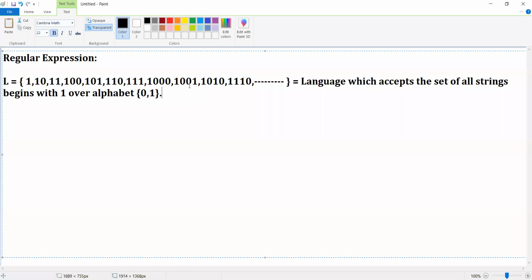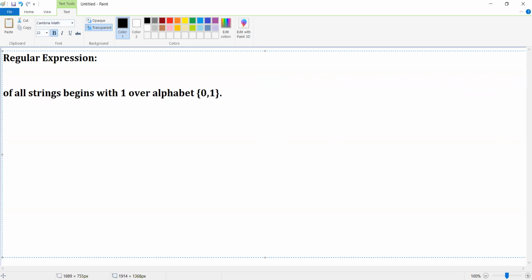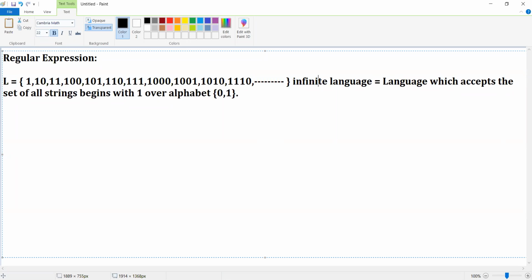Now please pay attention over here. Instead of representing this language in the form of so many strings, as this is an infinite language, it is not possible for us to represent each and every string which belongs to this language.